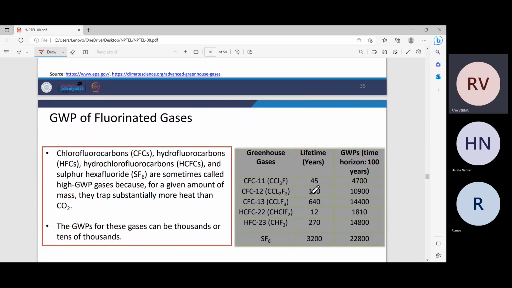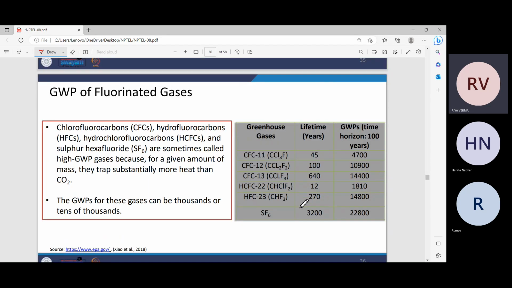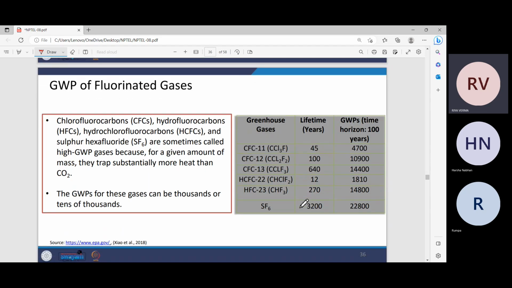Now coming towards the GWP values of the fluorinated gases, CFCs, hydrofluorocarbons (HFCs) or hydrochlorofluorocarbons (HCFCs), these trap substantially more heat than CO2, and thus their GWP values are very much higher. You can see the lifetime of these greenhouse gases, and their GWP values, how harmful these CFCs are.